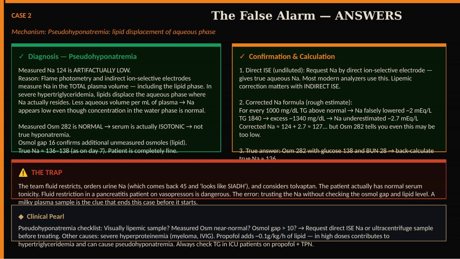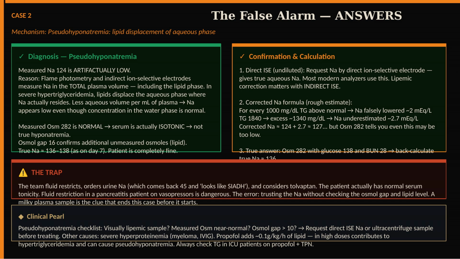Normally, plasma is about 93% water, so that's fine. But flood the blood with triglycerides, and that fatty phase displaces the water. Sodium only lives in the water phase, so when there's less water per milliliter of plasma, the machine reports a falsely low number, even though the concentration in the water itself is perfectly normal.